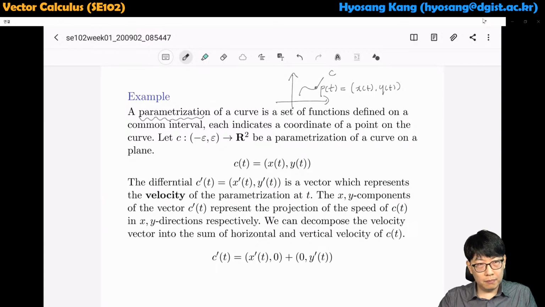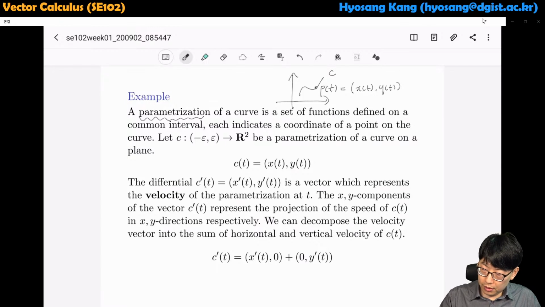When t moves from one end of the interval to the other end, the coordinates of P change. Therefore, the two coordinates x and y of the point P are also functions of the parameter t.